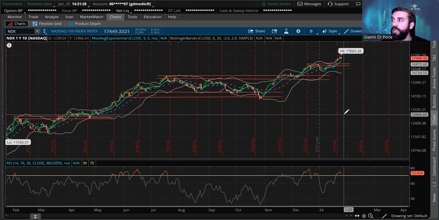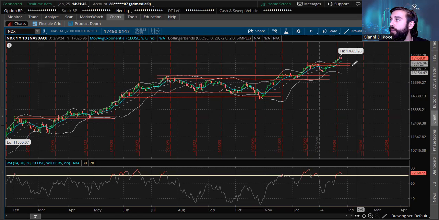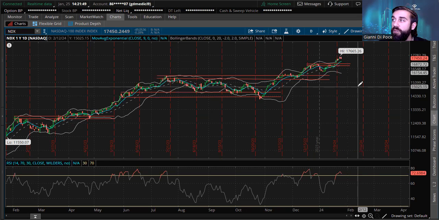So that's going to be a key level to watch in the NASDAQ 100 cash index to see if it holds. If stocks do start to sell off here in the coming weeks and we break below that support zone in the 16,800, 17,000 area, that will then become resistance.